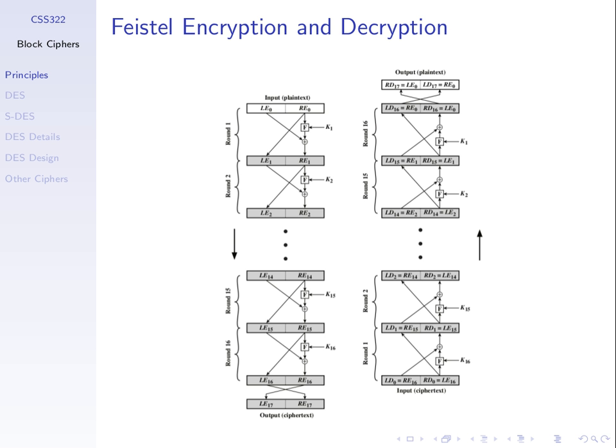Here we see we have a key, K1, used in the first round, a different key, K2, used in the second round. We have one key for each round. In fact, what happens is that the user chooses a key, just one key, and from that, the cipher generates round keys. In this example, it would generate 16 different round keys, one for each round.